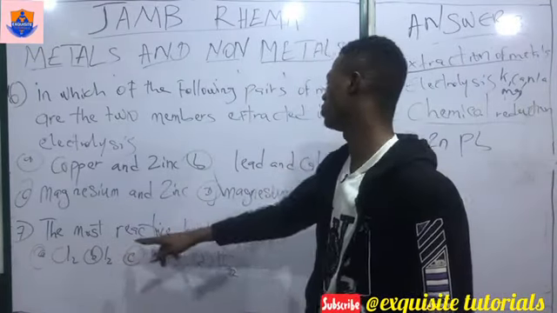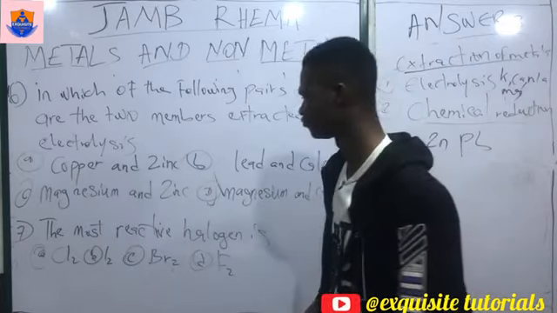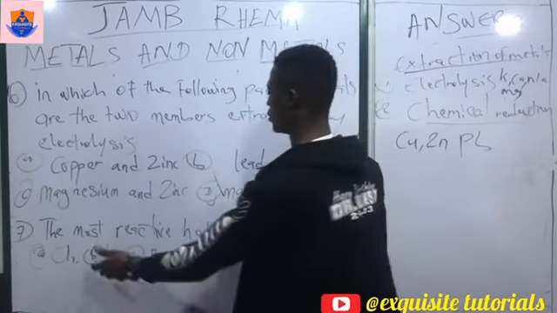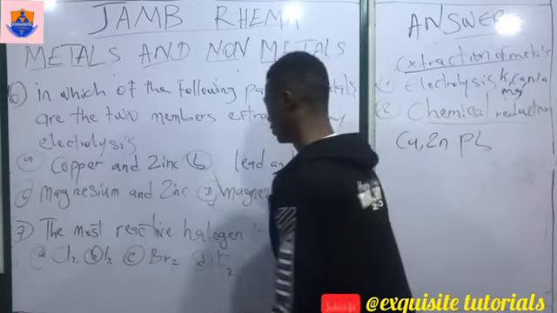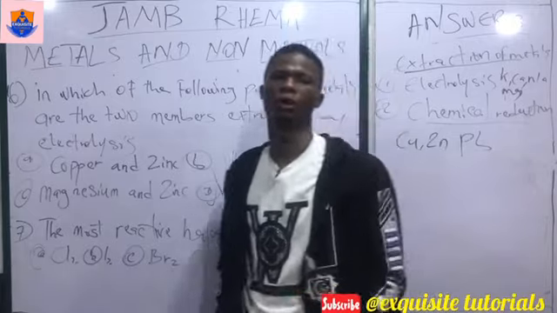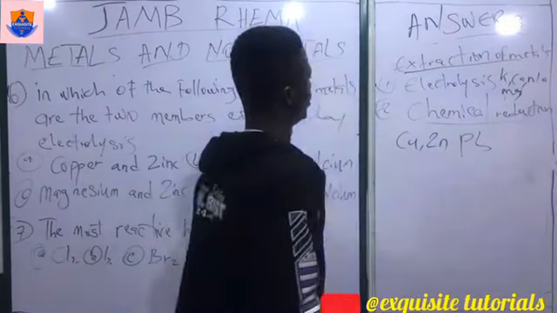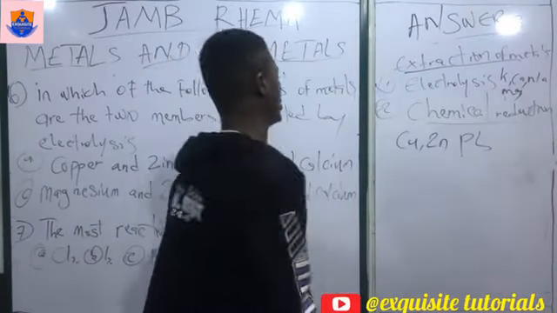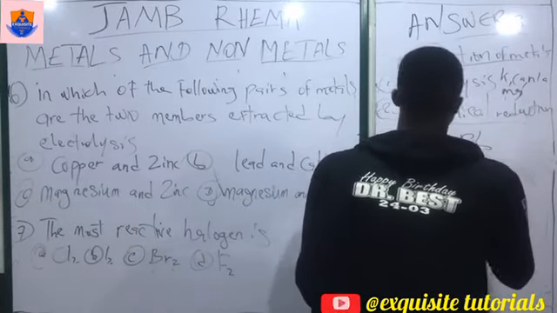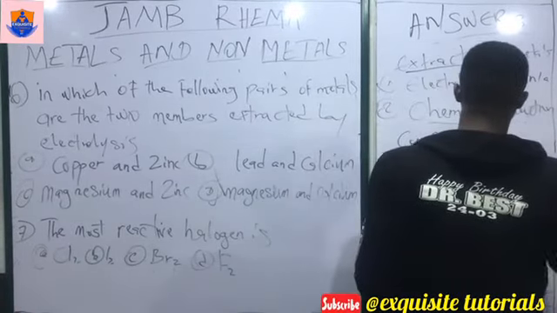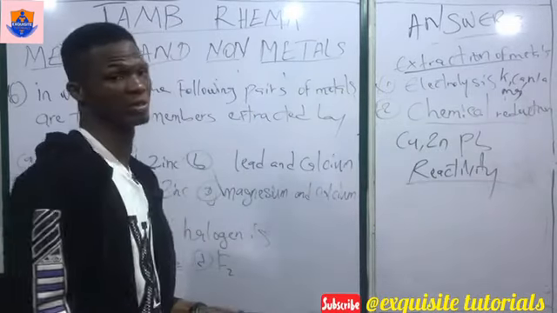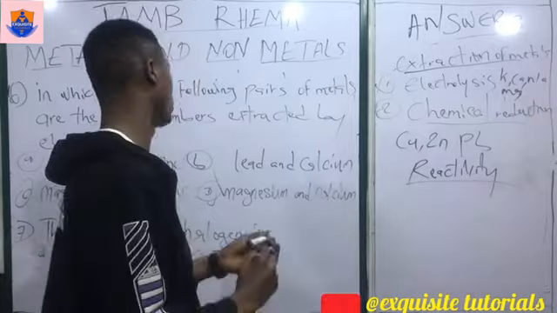Question 7 says: the most reactive halogen is, we have chlorine, we have iodine, we have bromine, and we have fluorine. Now, I want to use this opportunity to teach us reactivity. In our earlier class, I was explaining the electrochemical series for us and how it functions.